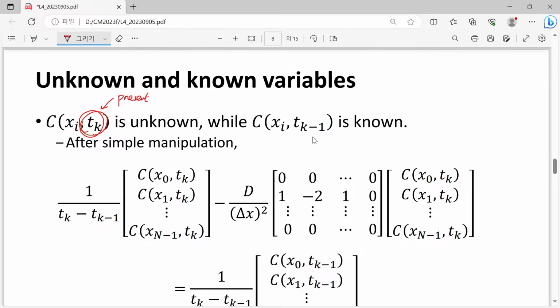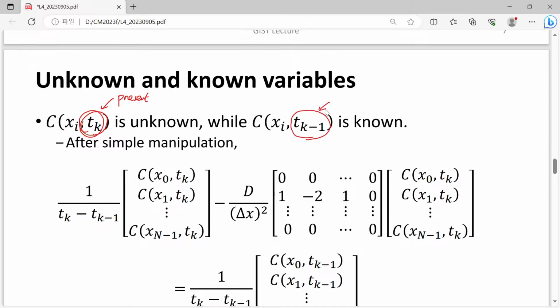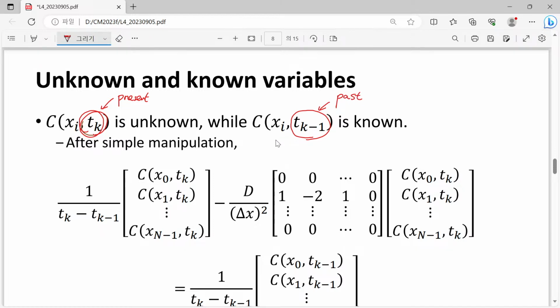While the values at t sub k minus 1, that is the past, and quantities at this past instance are taken as known values. So our goal is to calculate these unknown values from these known values.